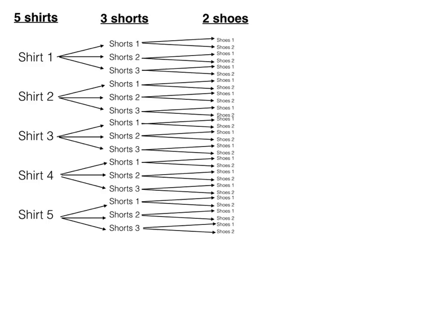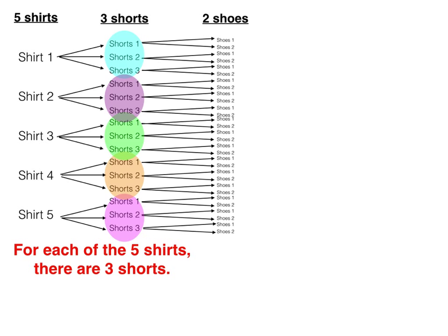Here's our tree diagram again, and let's look at it a different way. If we have shirt number 1, we have 3 shorts to choose from. Shirt number 2, we have 3 shorts to choose from. And the same thing for 3, 4, and 5. No matter which shirt, we have 3 shorts to choose from. In other words, for each of those 5 shirts, there are 3 shorts.